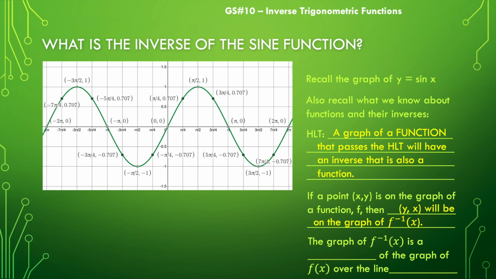That means if you have a point like (2, 5) on the graph of a function that has an inverse that's also a function, then the graph of that inverse will have the coordinate (5, 2) on it. Also, the graph of f inverse of x is a reflection of the graph of f of x over the line y equals x.